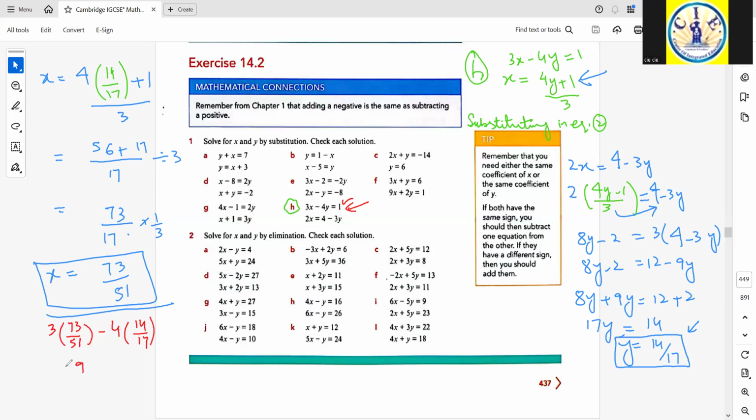So this can be done with 51 as the LCM. So this is 219 minus 168.